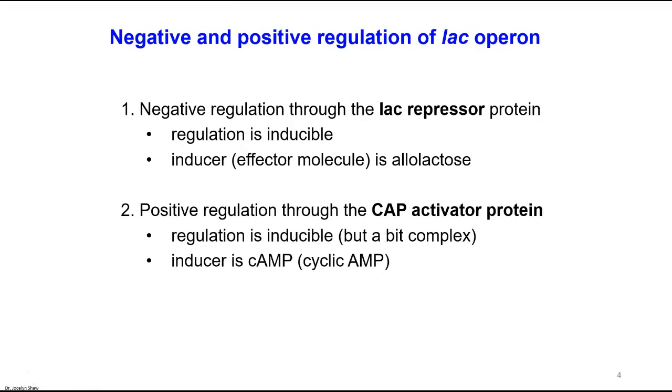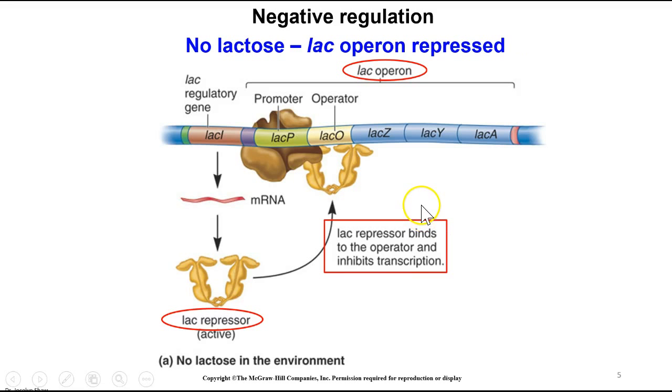Alright, so there are two types of regulation for the lac operon. The negative regulation is mediated by the lac repressor, and the positive regulation is achieved by the CAP activator protein. For the negative regulation, the concentration of lactose plays a key role.